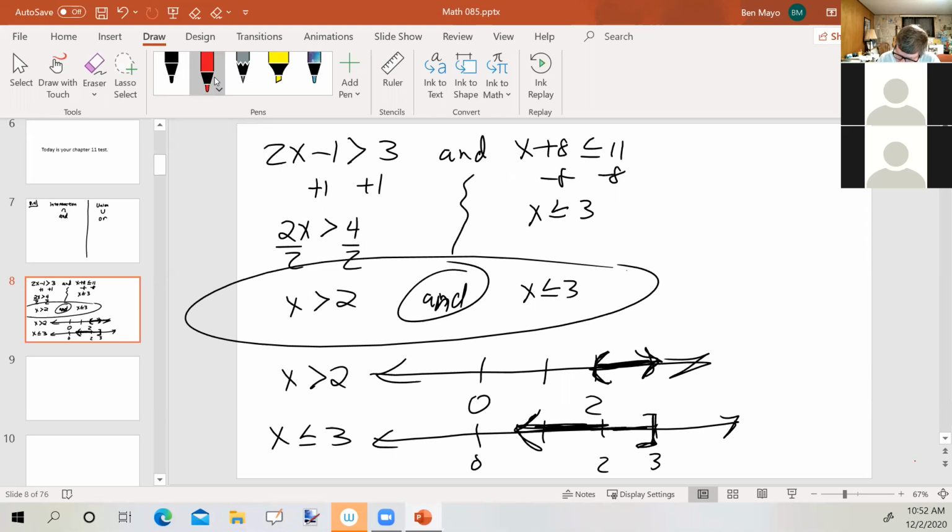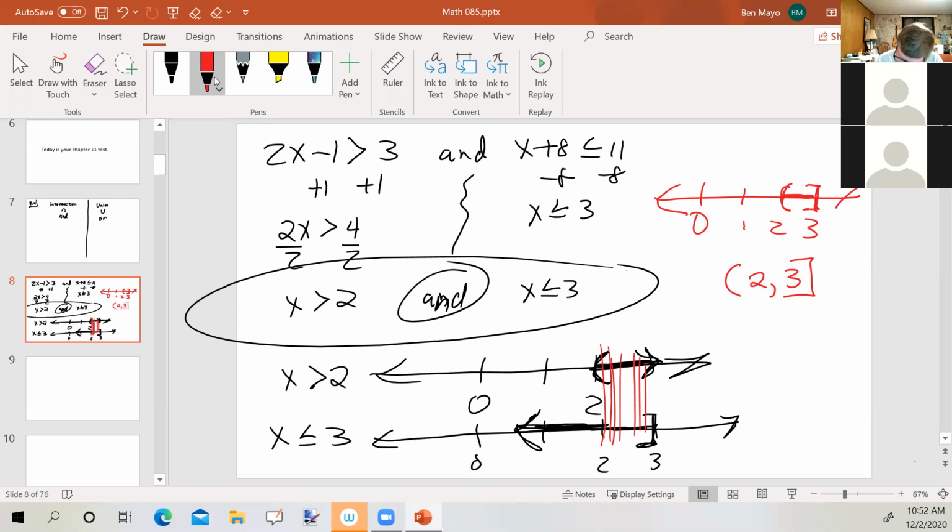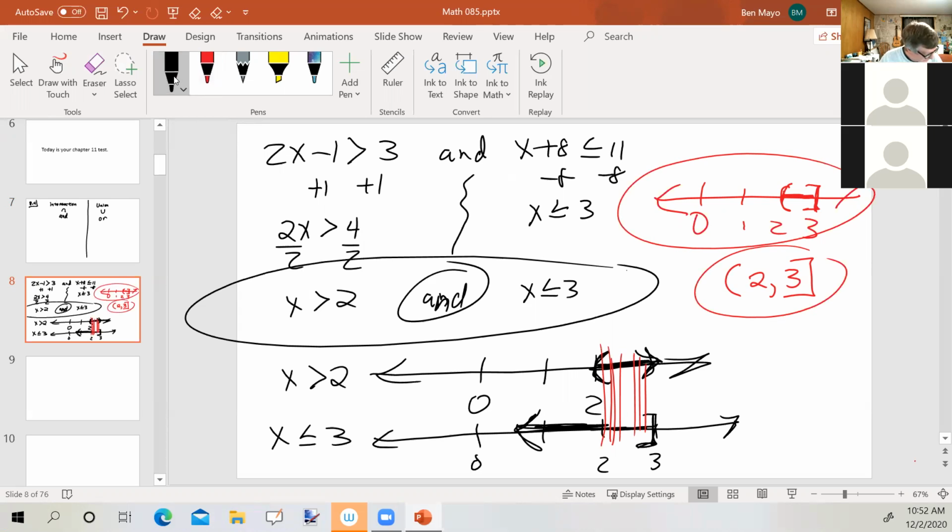So we want where they overlap, which would be right in there. So the graph of the part that overlaps, we would have what? Parentheses at 2 and a bracket at 3 with a solid line in between. That's where they overlap. And writing the answer in interval notation, it would look like that. So there's the graph, there's the interval notation.